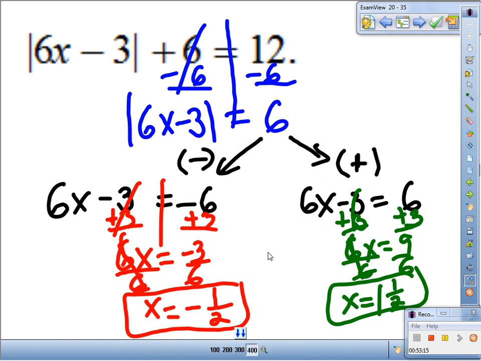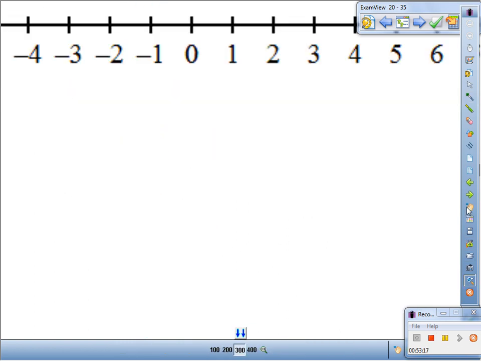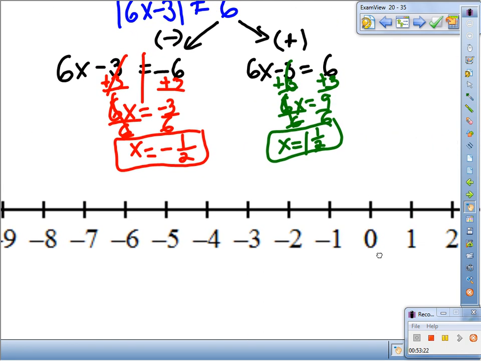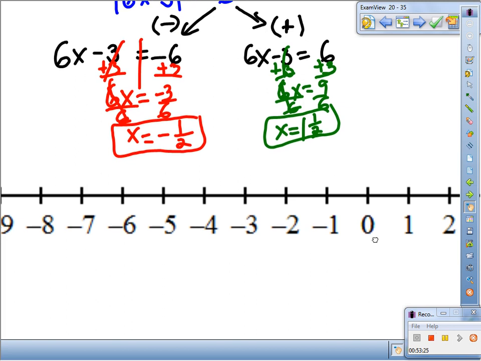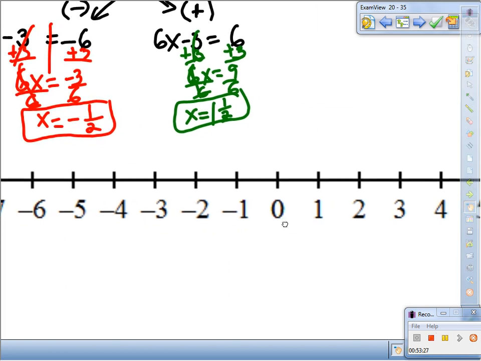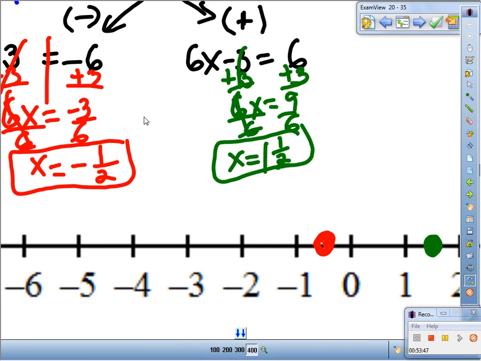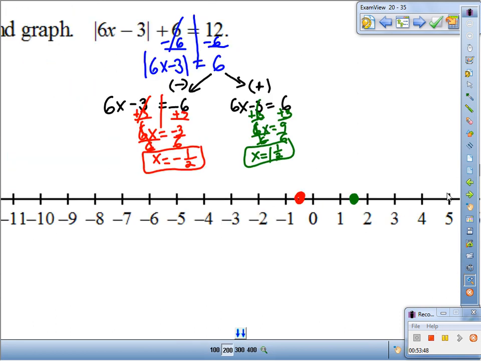Let me zoom out a little bit now that I showed you the work. All right, so let's see. X equals negative 1/2. Negative 1/2 is right there. And x equals 1 and 1/2. 1 and 1/2 is right there. Let's look at the whole work. Are we done?